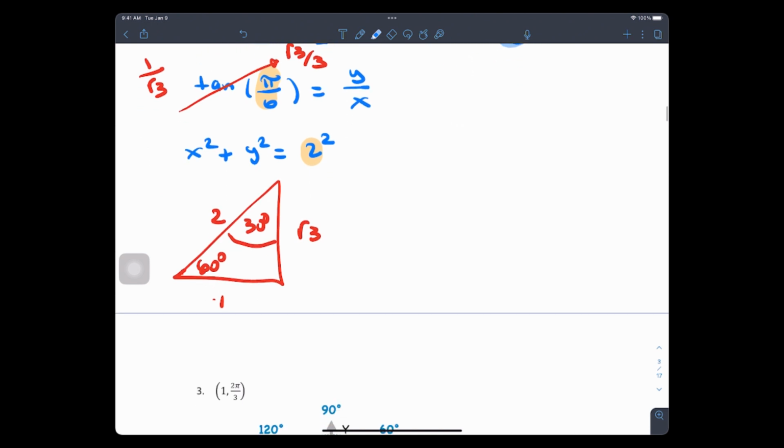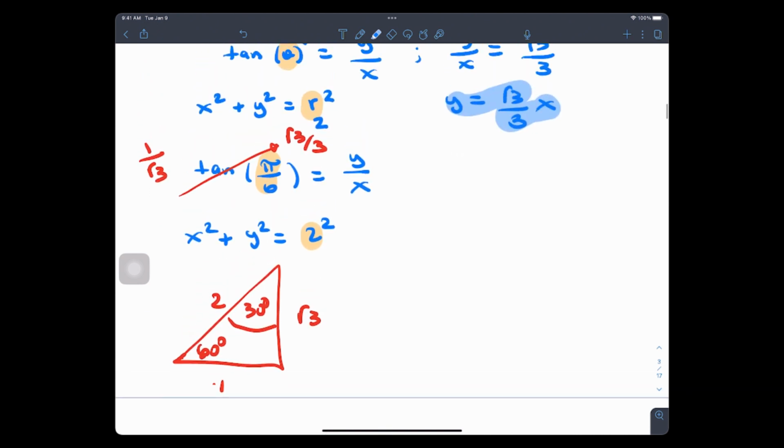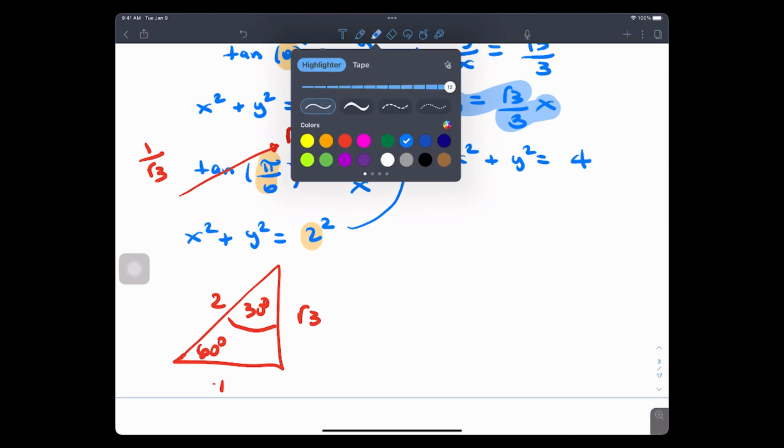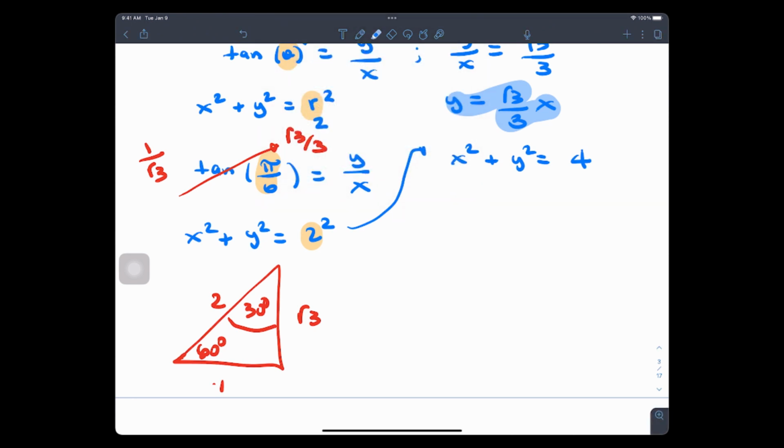All right. Now you say, well, what do I do with this? Well, this equation now here, you say, what is this going to be? X squared plus y squared equals 4 now. Okay. So we solve that equation. What do you guys think you do with this like you did before?